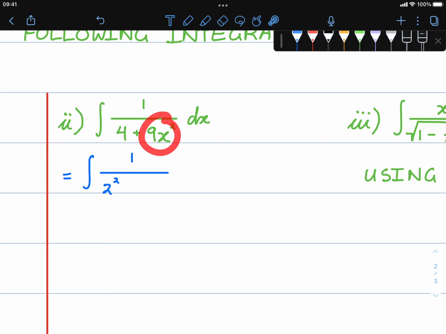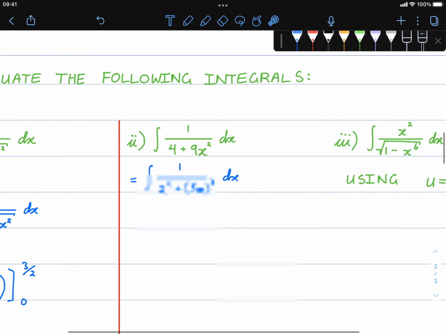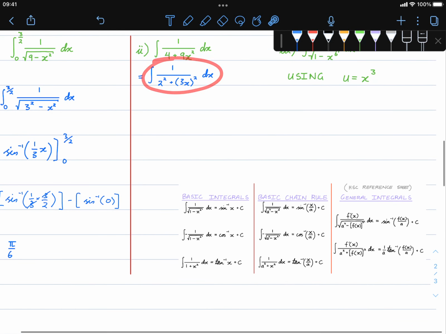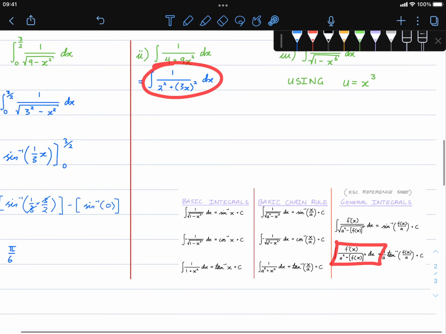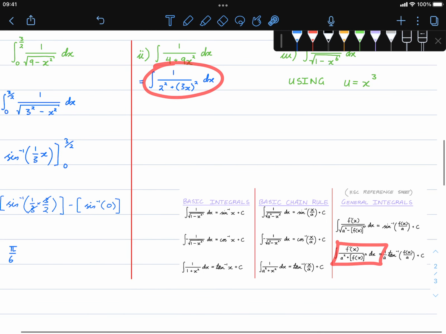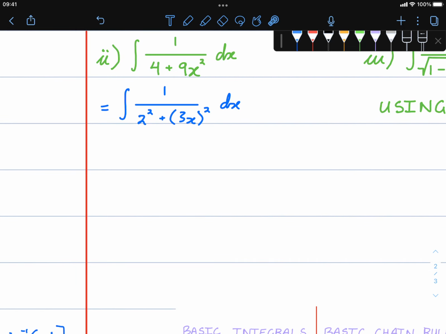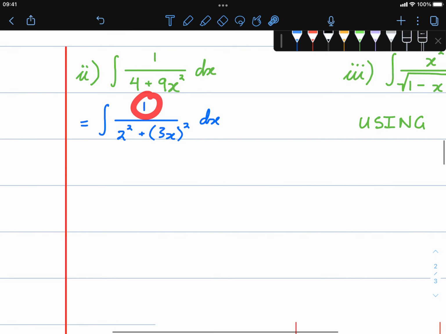And 9x squared, I'm going to write as 3x all squared. But now take a look. This is really close to this one here. It's got a squared plus the function of x squared. All that's missing is the derivative on the numerator.